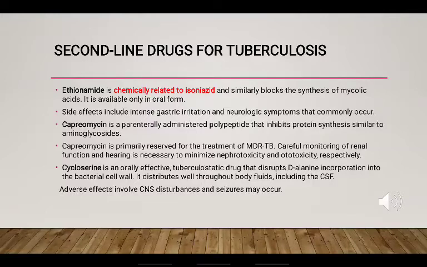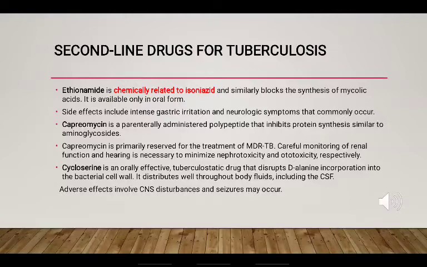The third agent is cycloserine. Cycloserine is an orally effective agent, so it's given orally. It interferes with the synthesis of bacterial cell wall. يعني هسه صار عندنا ethionamide and cycloserine, both of them interfere with the synthesis of bacterial cell wall.